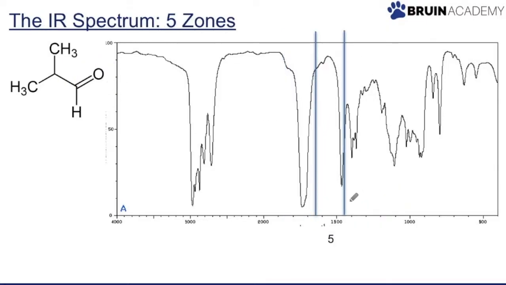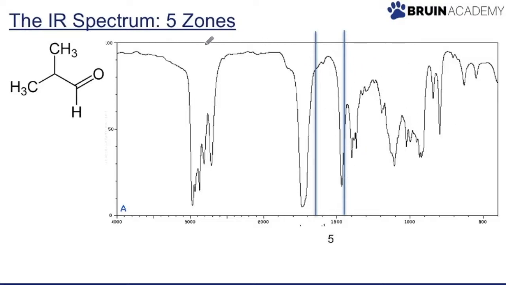All right, let's look at zone 5 now. Zone 5 has a peak around, let's see, 1450. There's really nothing too strong to highlight here. There is a strong peak here, but nothing relevant to the molecule. This is also kind of going into our fingerprint region.